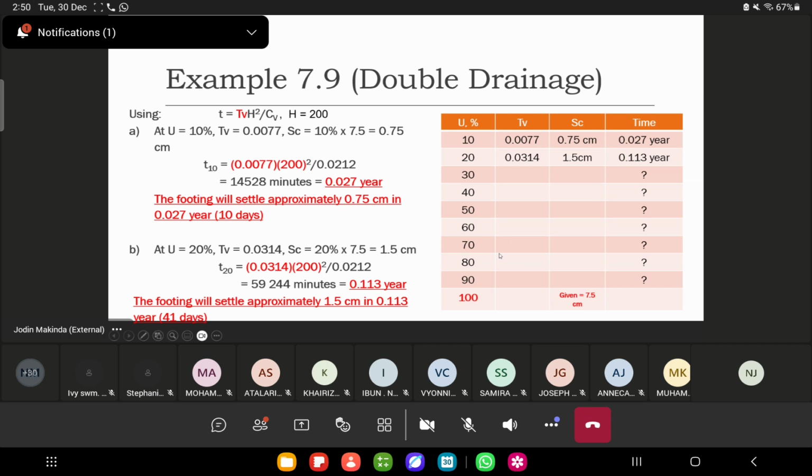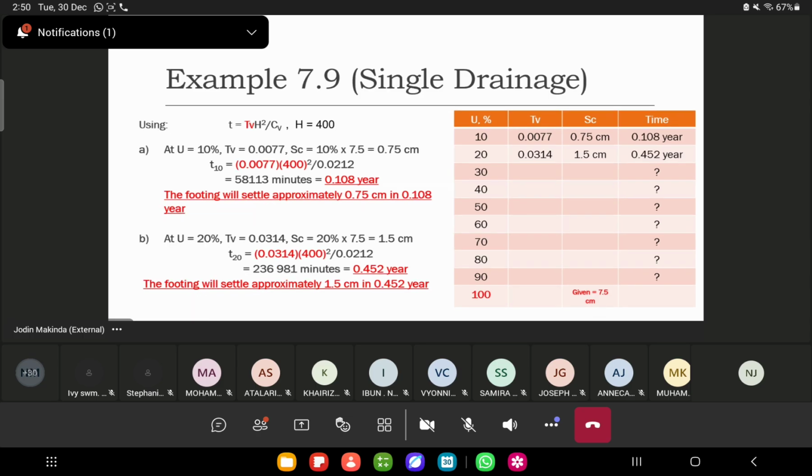What differentiates double drainage and single drainage is the value of the H. So you see, for single drainage, you look into the value of the H: 400 centimeter. Do you know why it is 400 centimeter?